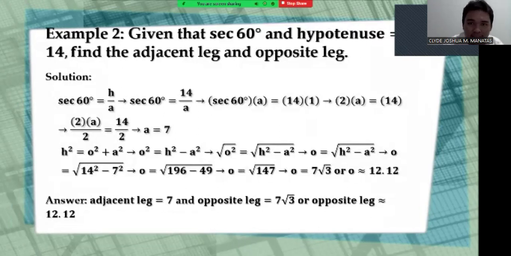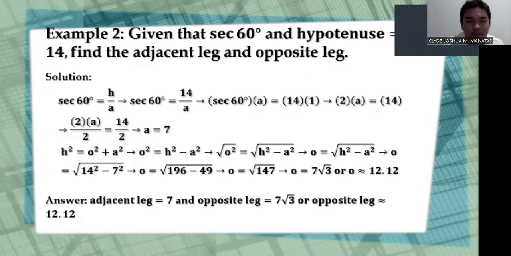So next, example number 2. Given that secant 60 degrees and the hypotenuse is equal to 14, find the adjacent leg and the opposite leg. We know the formula of secant is hypotenuse over adjacent. So we substitute: secant 60 degrees is equal to the hypotenuse, 14, over adjacent.